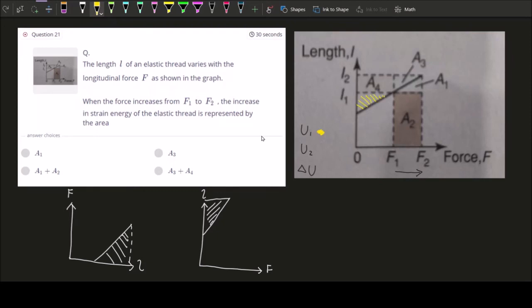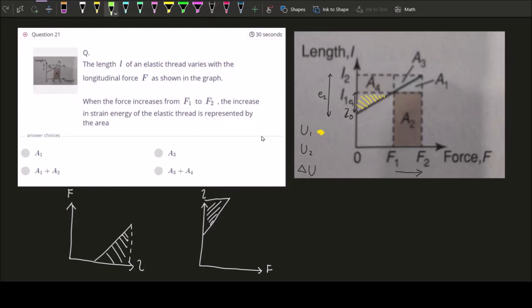Because this is F1, then to be a bit more clear, this is L naught. So this here will be the elongation for situation 1, whereas this here will be the elongation for situation 2. The yellow shaded area represents the strain energy in situation 1.